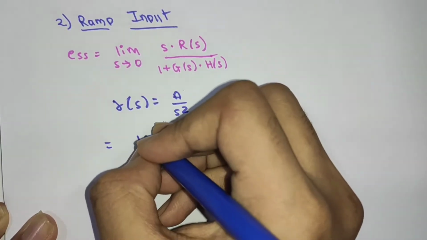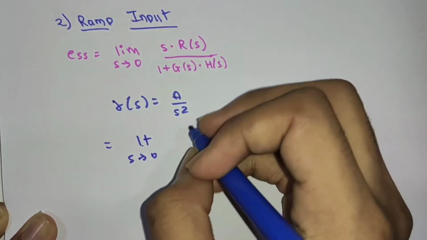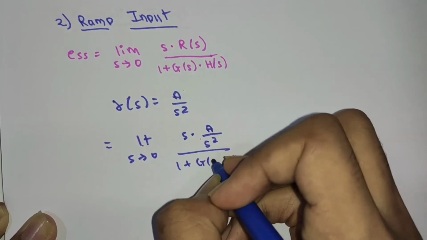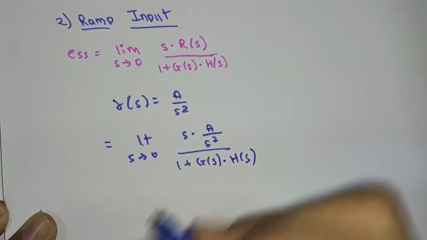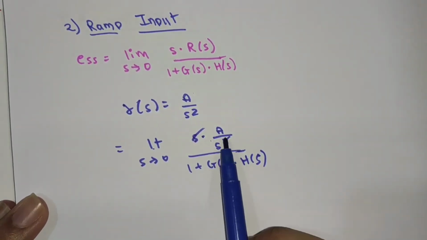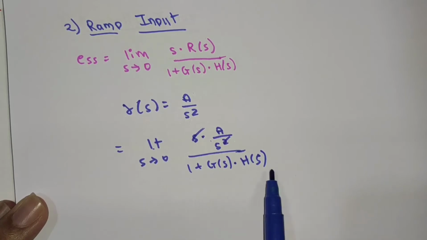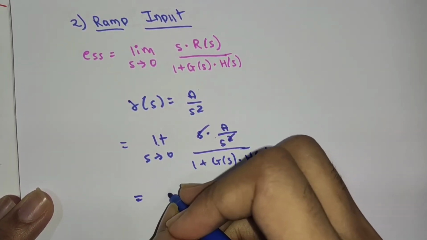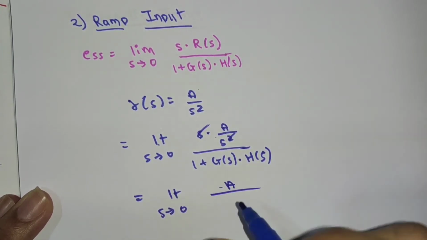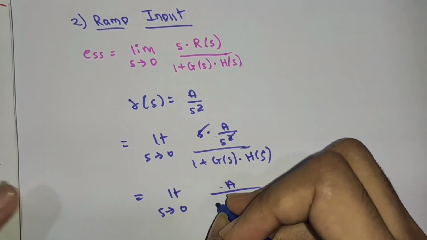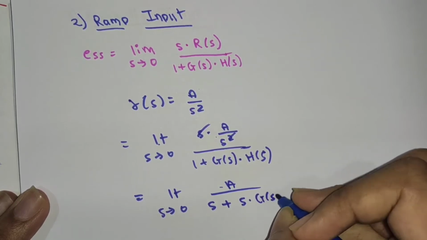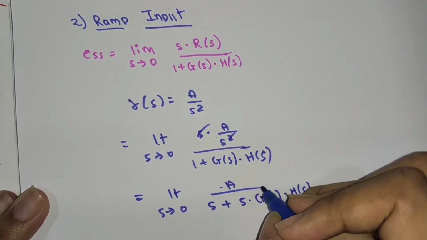So I am going to write limit S tends to 0 of S into A by S square upon 1 plus G(s) into H(s). Now this S and this square will be cancelled, so it will be A by S upon 1 plus G(s) into H(s). Now let's write this limit S tends to 0, so this A and this S will go to the denominator. So I am going to write it as S plus S into G(s) into H(s).